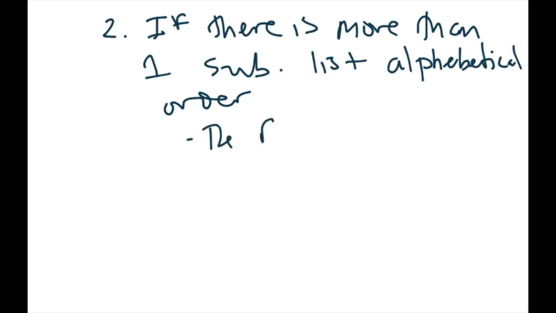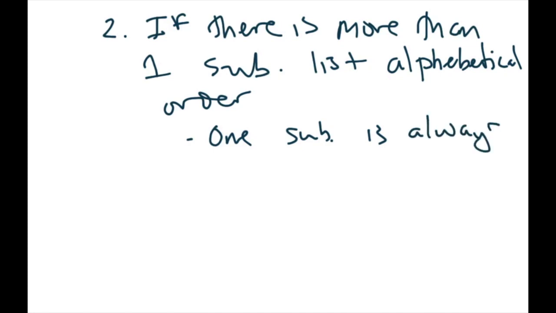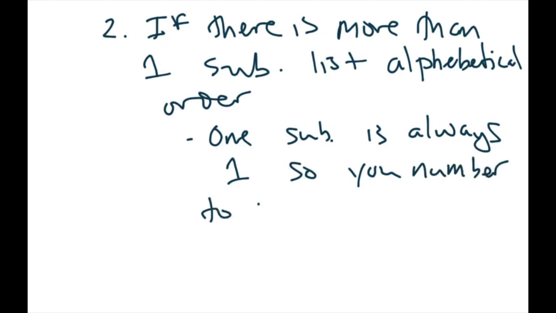One substituent is always number 1. So you number to make the second substituent have the lowest number.